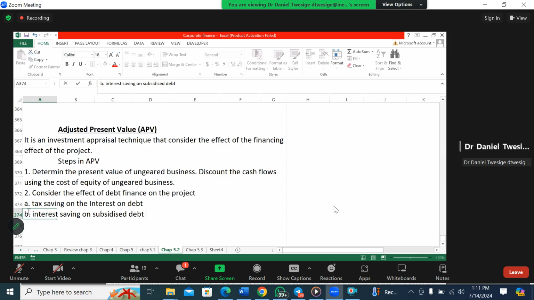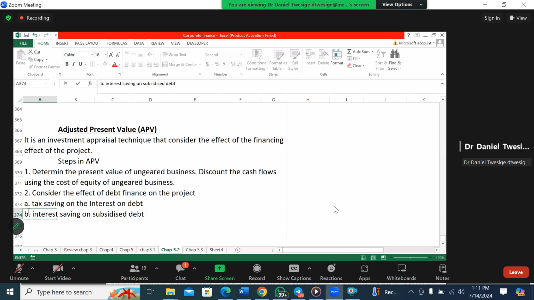If the debt is subsidized, for example, you may find that part of the debt you are going to get at a subsidized rate, and another part is at the commercial rate. So look at the saving you are getting on that subsidized debt. How much are you getting on subsidized debt?